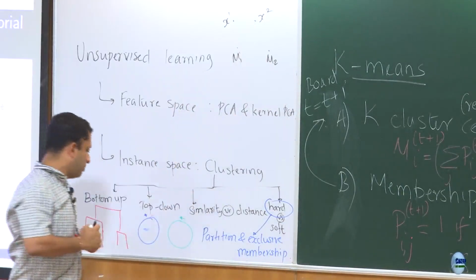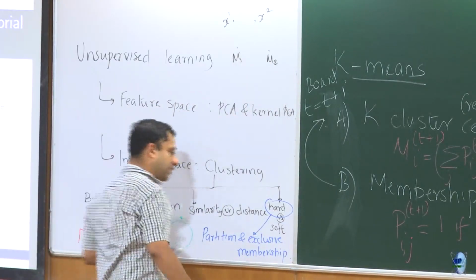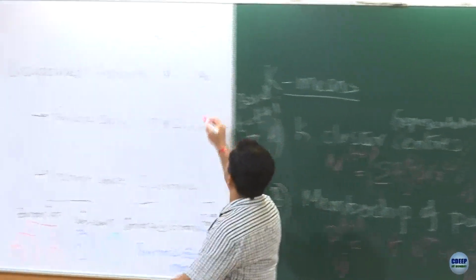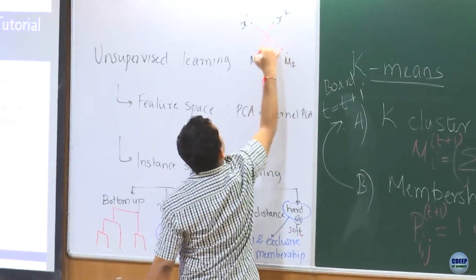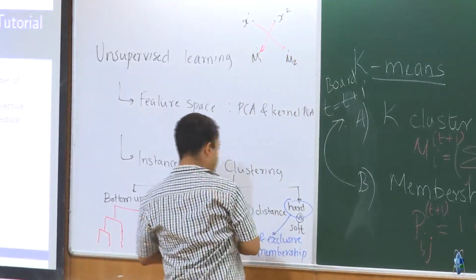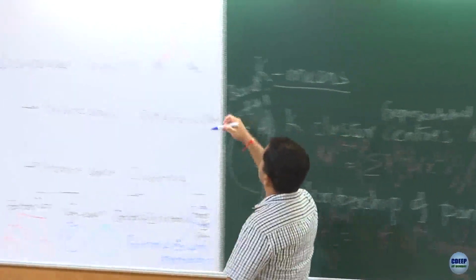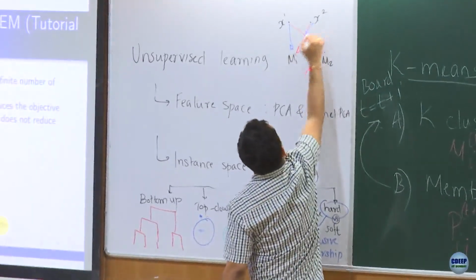So what are the possible configurations? It's possible that x1 goes to mu2, x2 goes to mu1, or it's possible that, I will mark all of them using colors. It's possible that both of them go to a single guy.